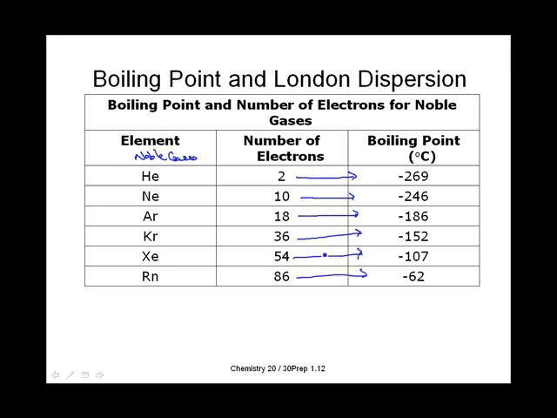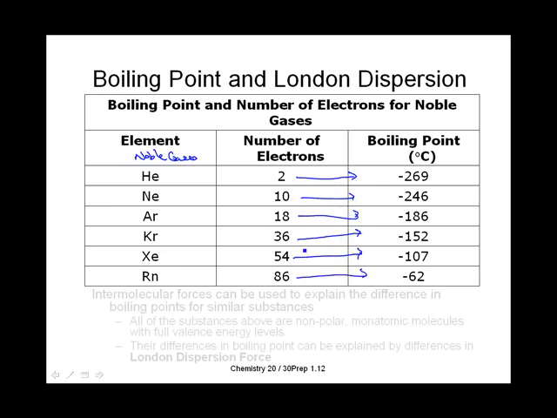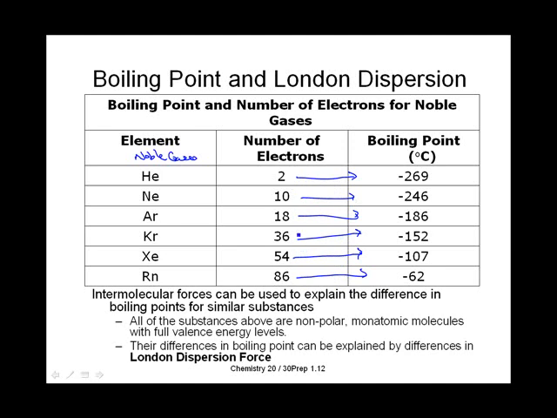So our boiling point continues to go up as the number of electrons goes up. And so what this means is, the more electrons you have, the more London dispersion you have, and the more energy it takes to make your atoms split apart.